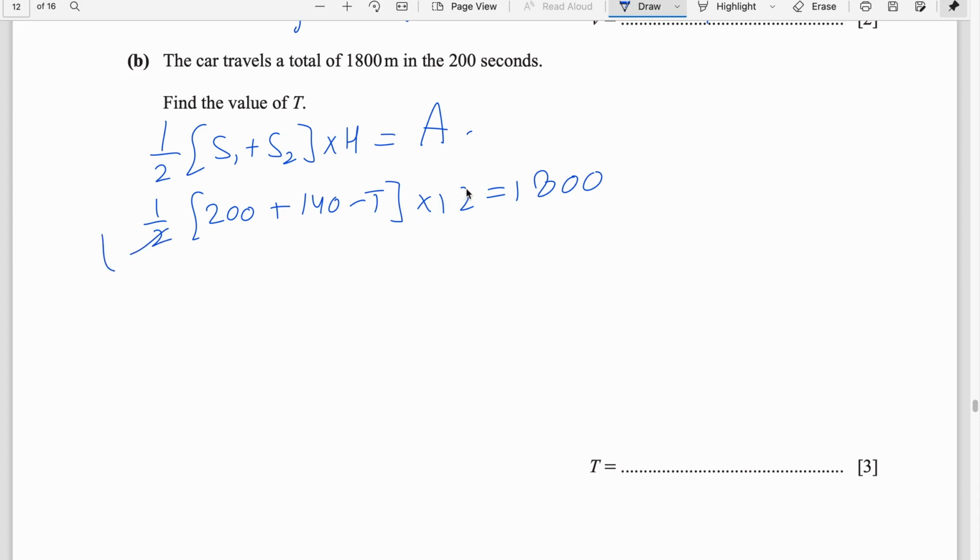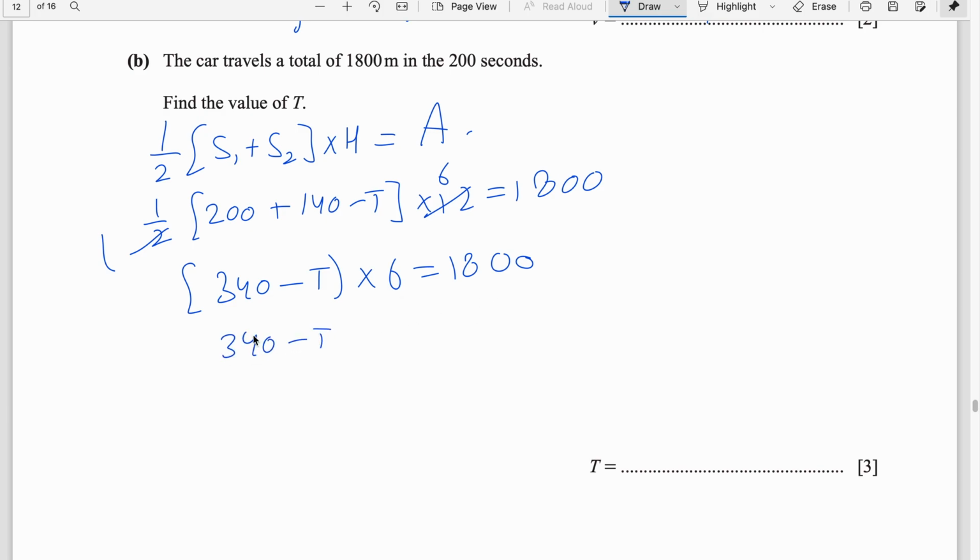2 1 times, 2 6 times, multiply it with 6, or either solve the bracket first. So we choose to add them. 200 plus 140 is 340 minus t, times 6, is equal to 1800. You can also divide this 6 to the other side.